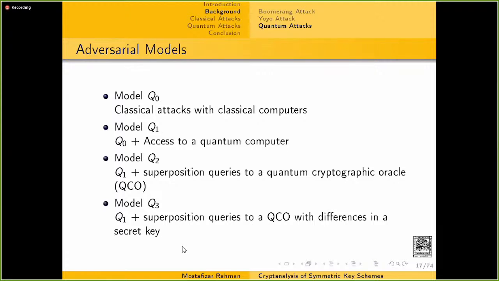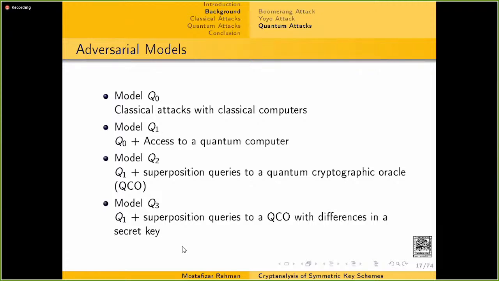Yeah, please continue. So there is a classical oracle, our normal oracle. In addition to that, this oracle accepts superposition queries. So in this model, the adversary can make quantum queries to the oracle.